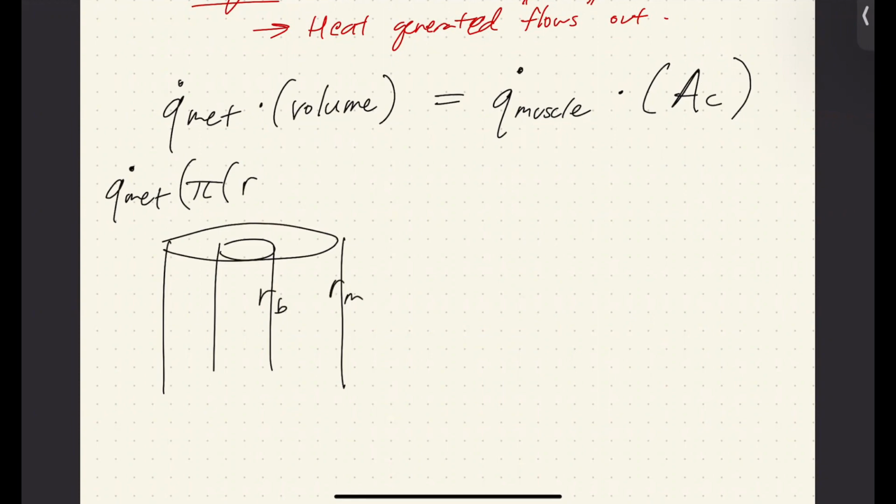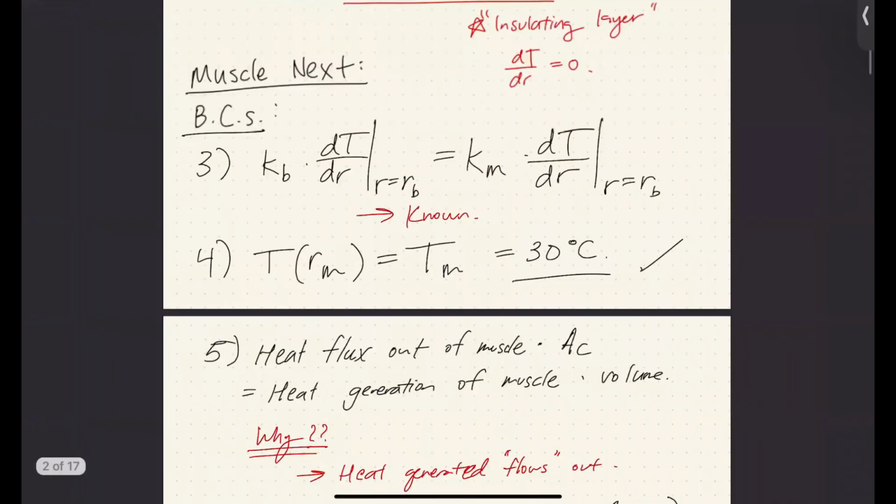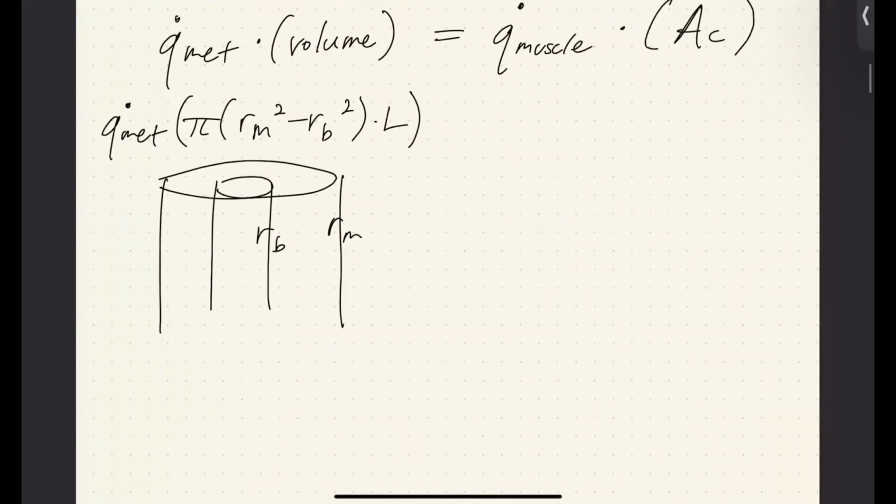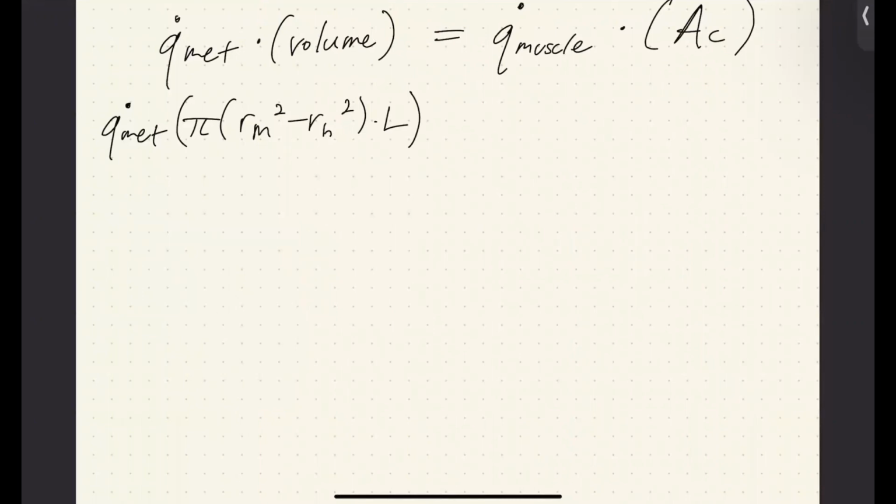So that means we have pi times (r_M squared minus r_B squared) times the length of our limb, which we aren't given. And we have it equal to our Q muscle. What is our Q muscle? Well, it's negative k muscle dT/dr at r muscle.